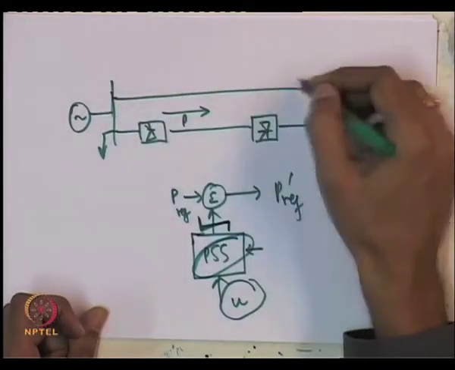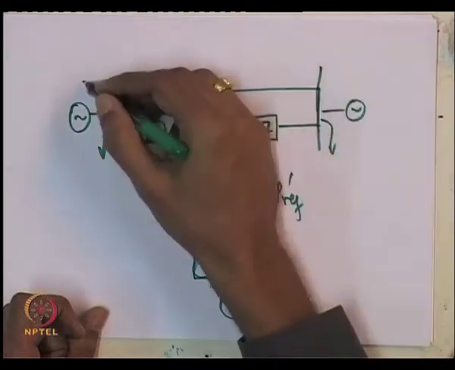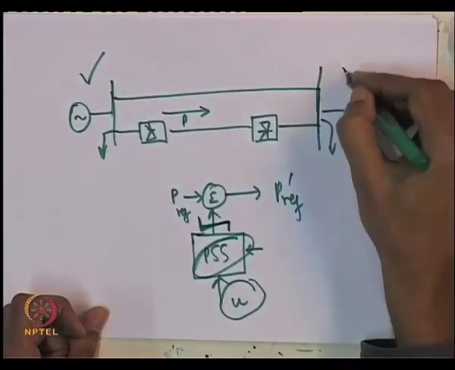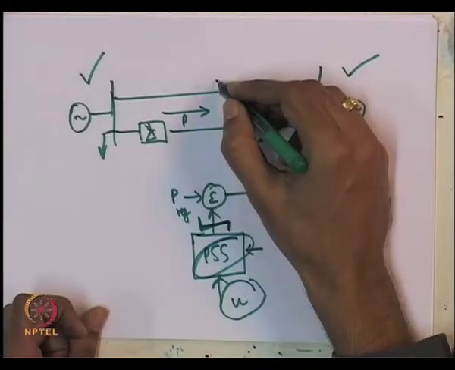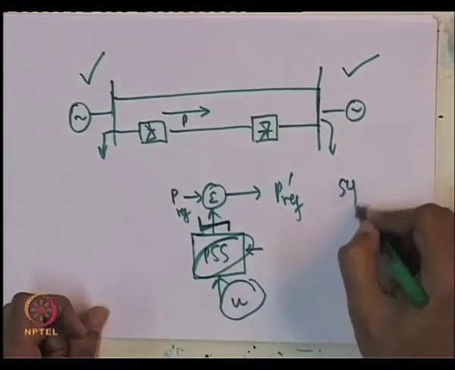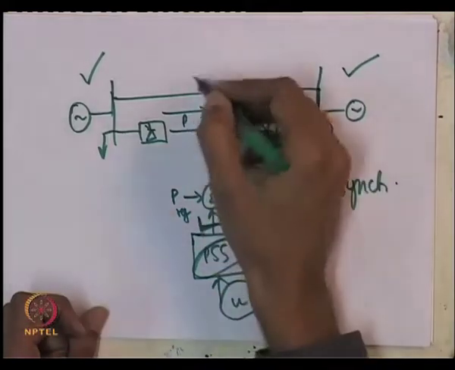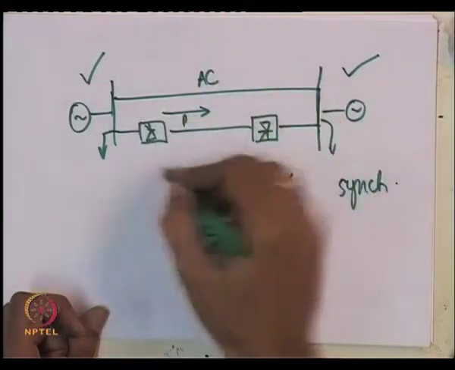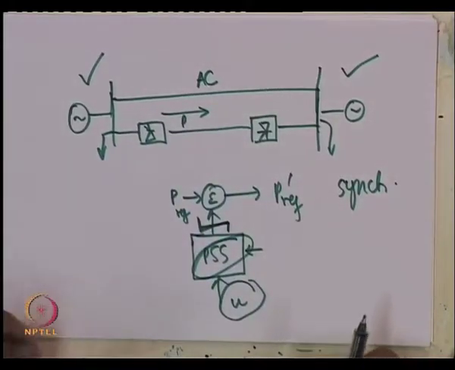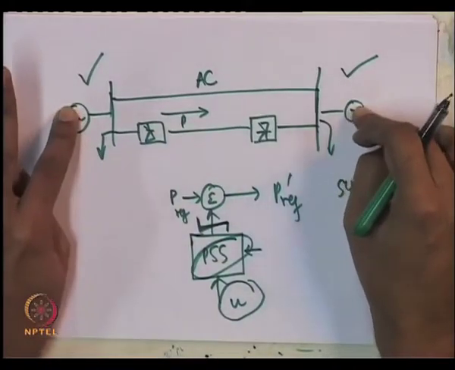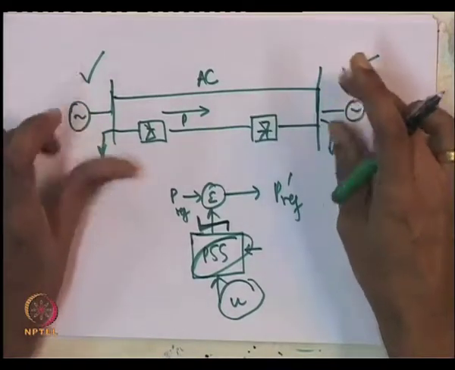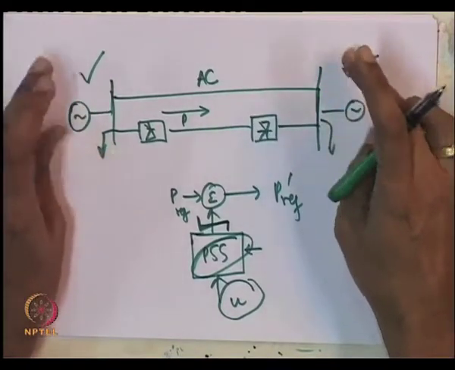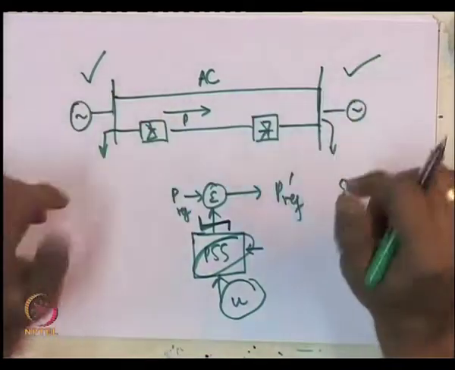Now, importantly, it is important to remember here that you can have relative motion between the machines in this area and this area. Okay. The important thing to be remembered here is that this is a synchronous link because it has got an AC line in parallel with the DC link. Okay. So, the machines here and here have to remain in synchronism, and if you give a disturbance you usually have oscillations between these machines, okay, because this is a synchronous link.